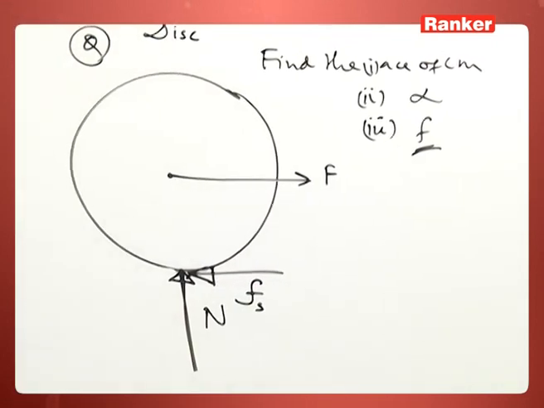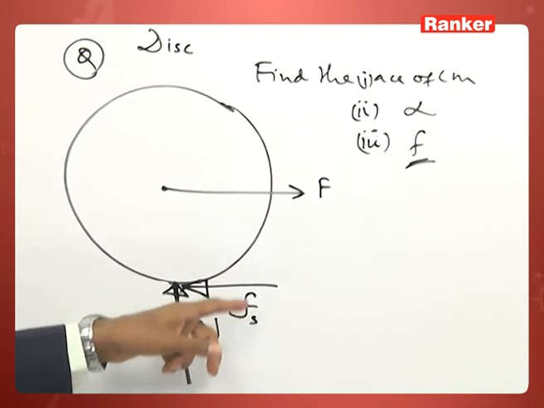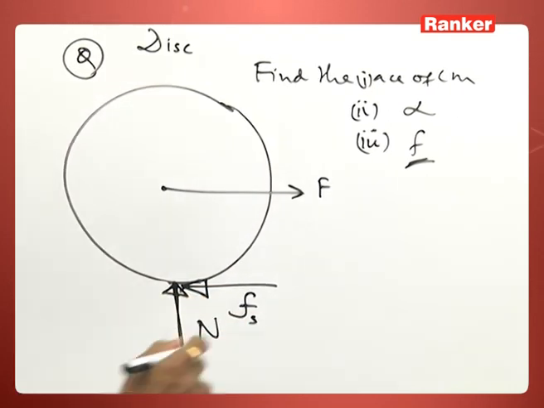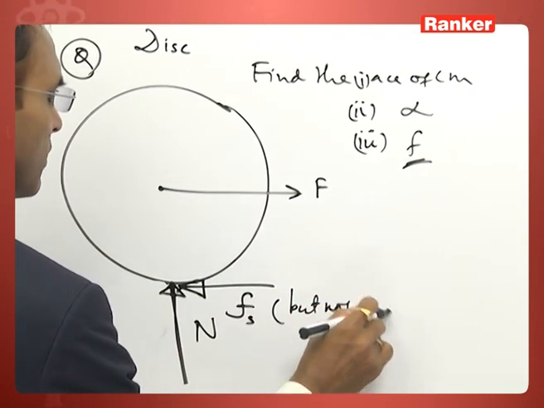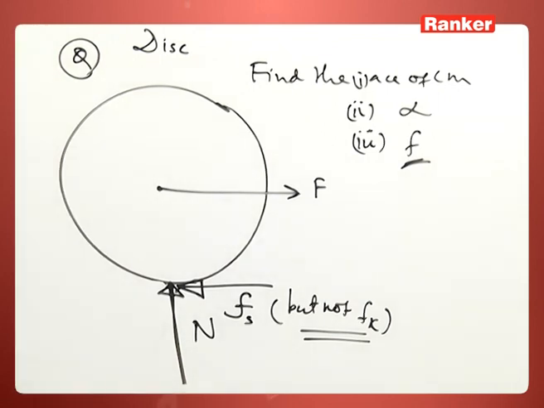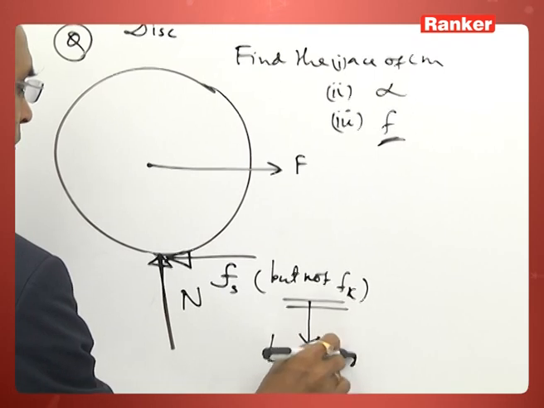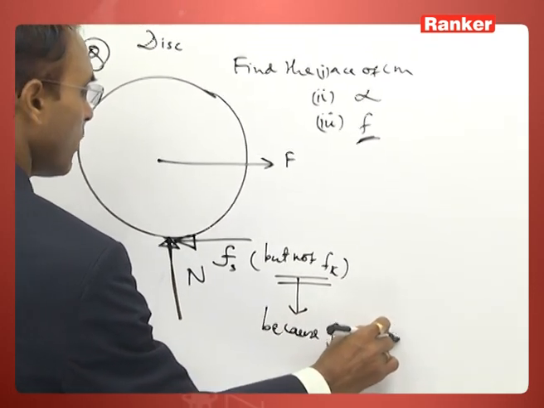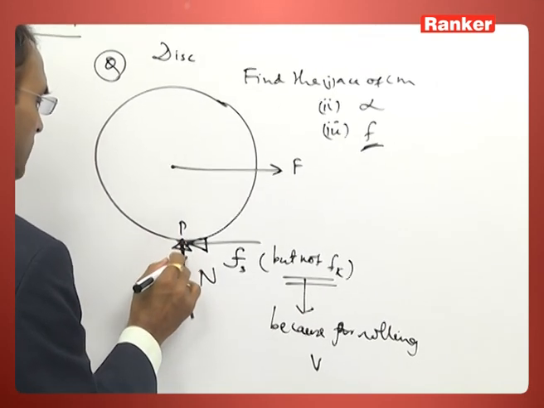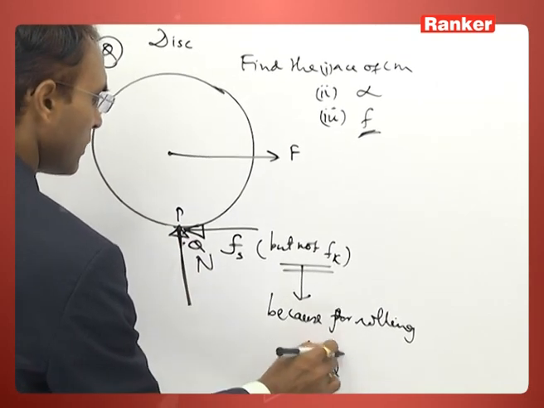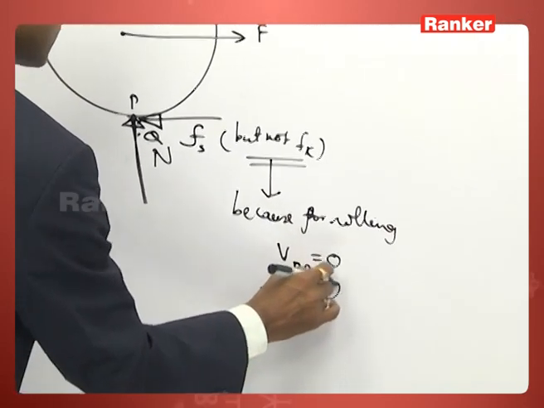S stands for static friction, not kinetic friction, because for rolling, the relative velocity between these two contact points is 0. Therefore, no slipping will be there.